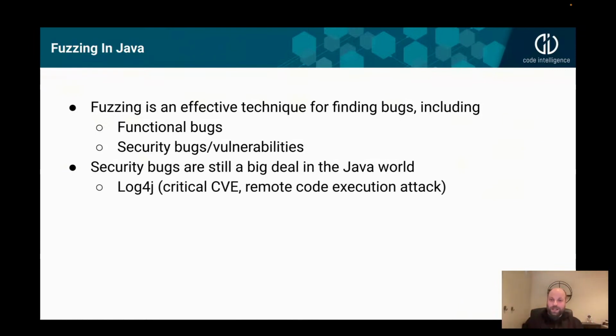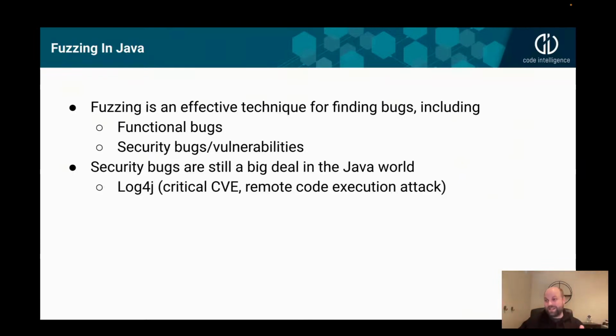So, for example, around 12 months ago, you might have heard of Log4j. There was a critical CVE, and Log4j had this issue where you could have a remote code execution. It was possible to pop a shell, and this was also called a vulnerability called Log4Shell.